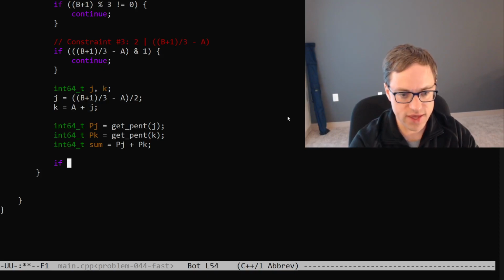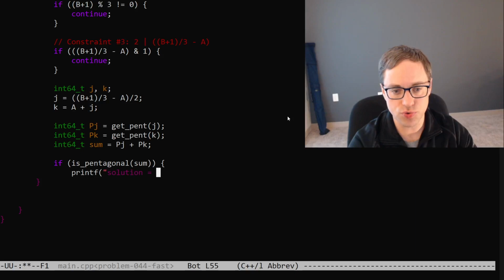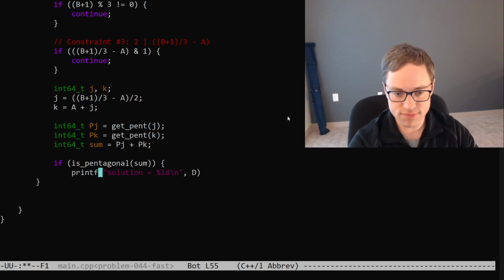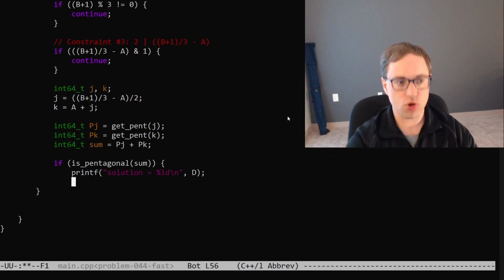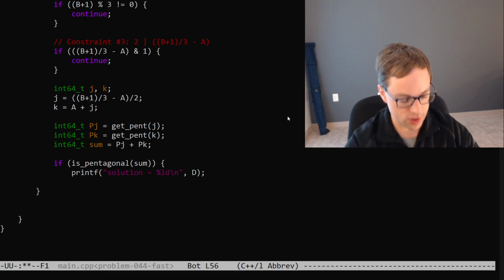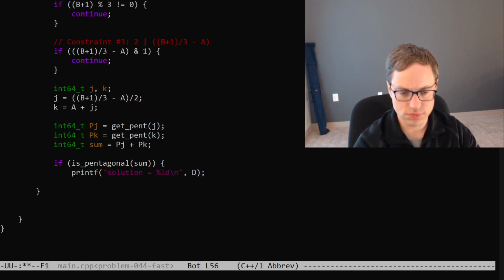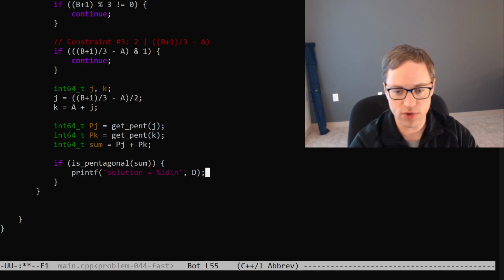So we'll say if is pentagonal sum, then we'll say printf solution is equal to %ld, and that's going to be just d. Recall that our solution is going to be the difference. Out of the 4 values, that's the one that they specifically ask for. Okay, and once we found our solution, we can just return 0.